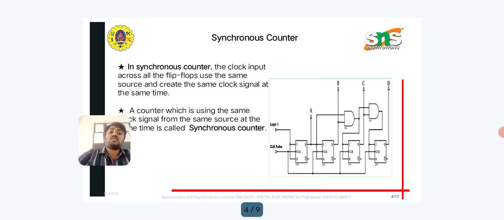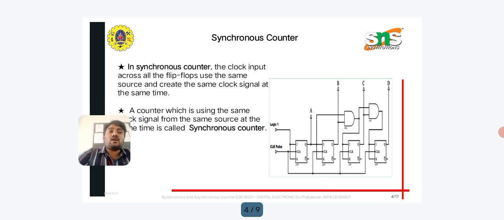In a synchronous counter, all flip-flops are triggered simultaneously by a single clock signal. The clock input across all the flip-flops is from the same source, creating the same clock signal at the same time.